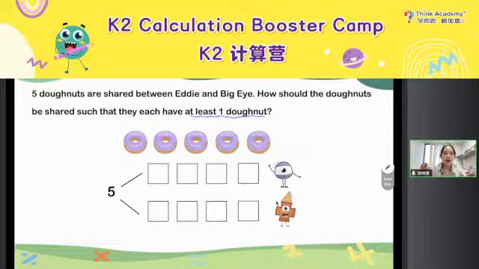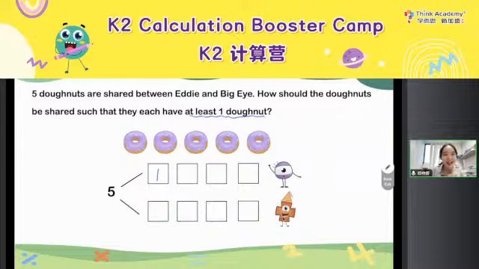Then how can I split this 5? Oh, let's think about it one by one. All right, starting from Big Eye. So for Big Eye, if I only give Big Eye 1 donut, then how many donuts can Addie have?